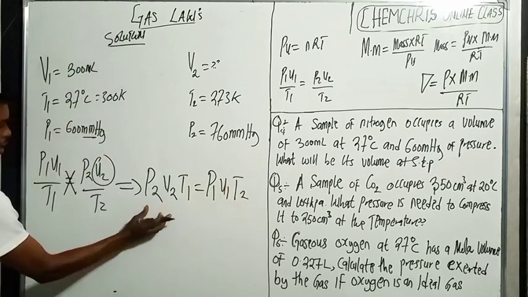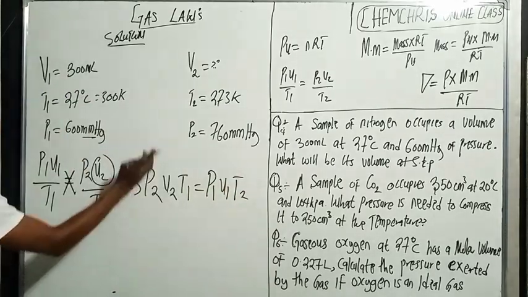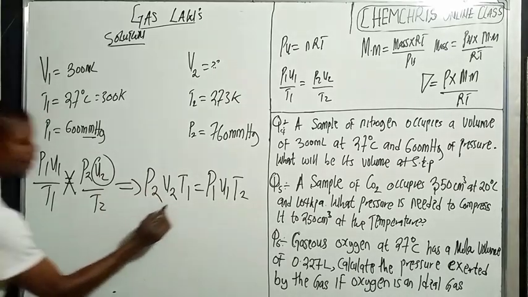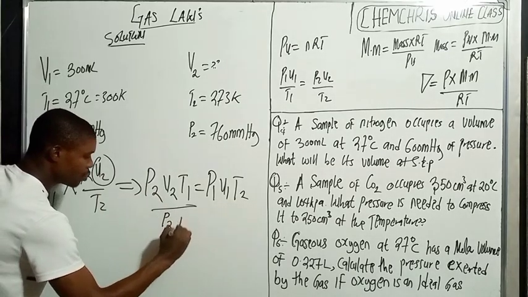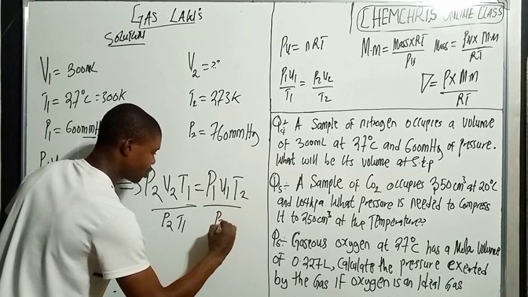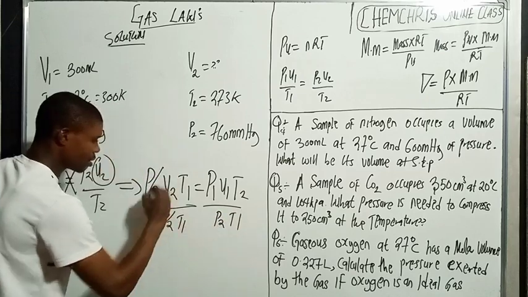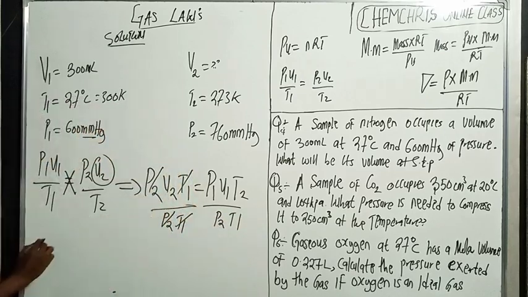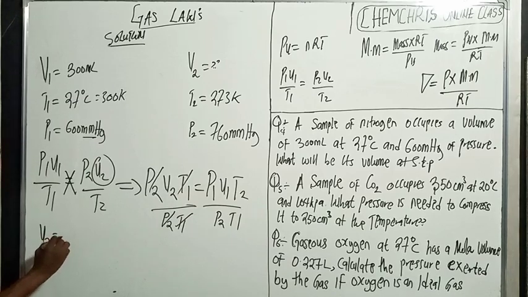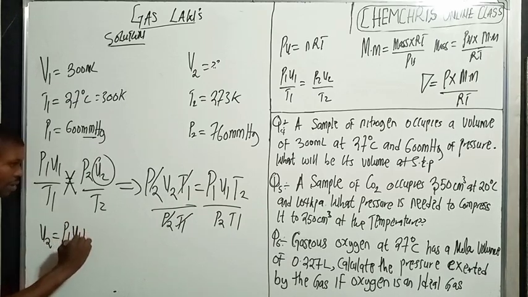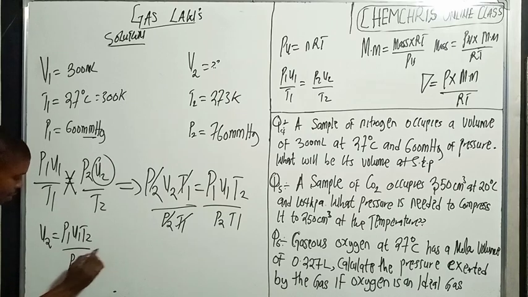To make V2 the subject, divide both sides by P2 T1. So V2 equals P1 V1 T2 over P2 T1, right?